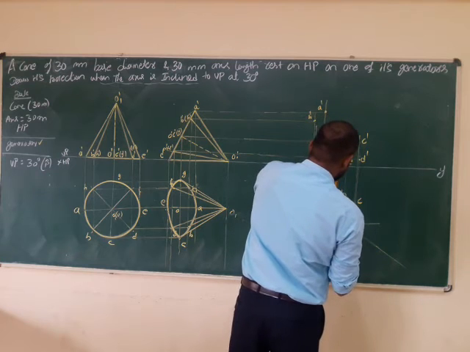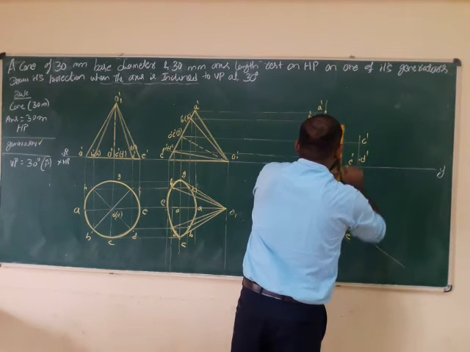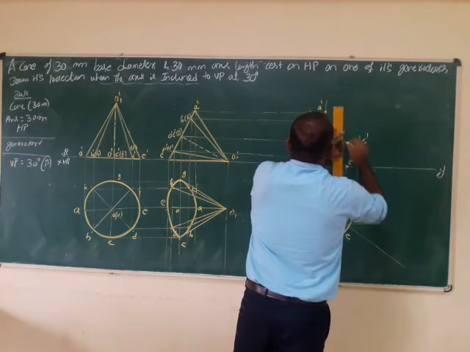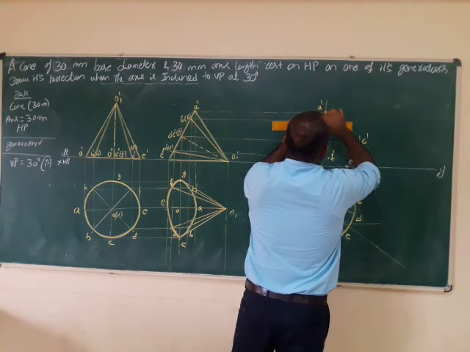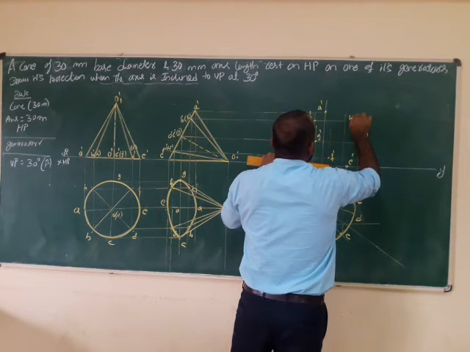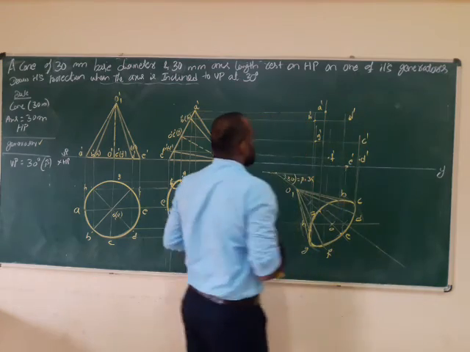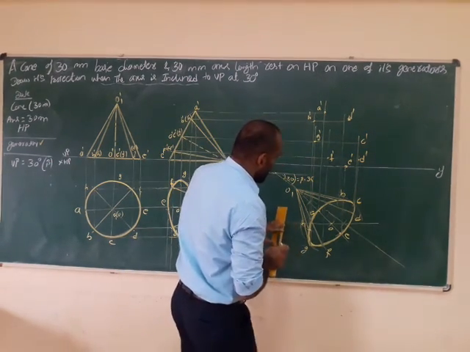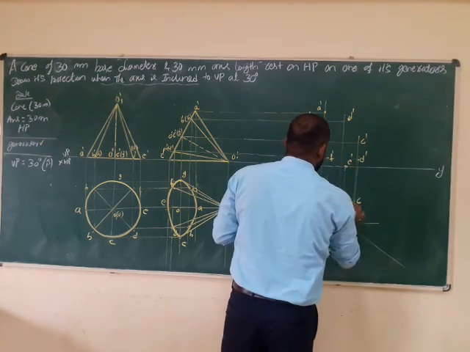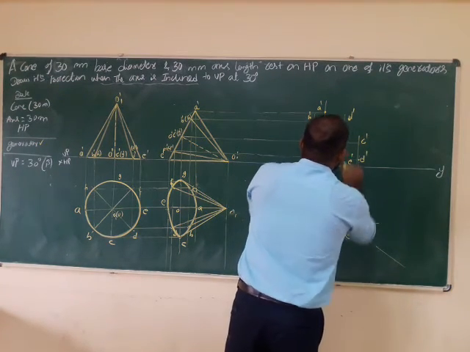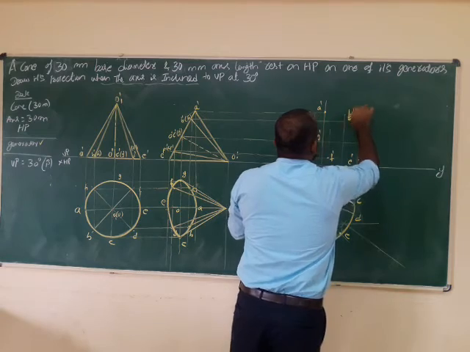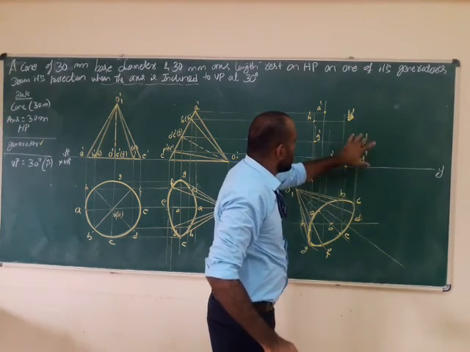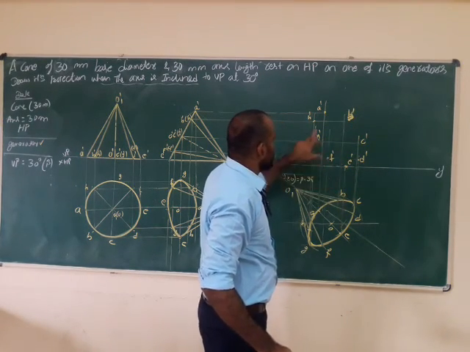Next to D, the D need to project H point, this is called D dash. A, B, C, D, E, F, G, H.